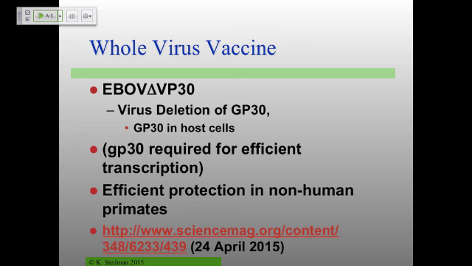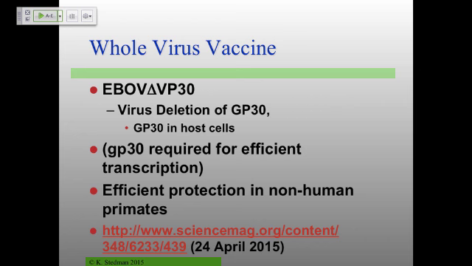And so basically what you have is this deleted version, which again you've made, in this case it was in Hamilton, Montana, the deletion of that VP30 gene. The cells that you grow your viruses on have the VP30 protein in them because you couldn't make the whole actual virion without it. But then you purify the virions away from that.